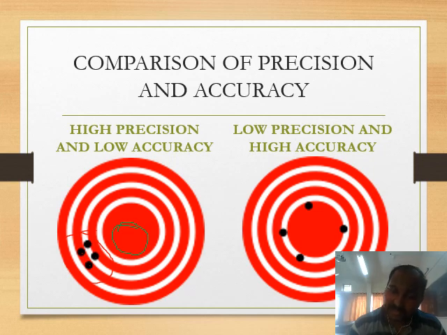Whereas here, though the four different values are scattered, with respect to the true value they are very close. The four values are scattered over the range of a measuring scale or zone, but at the same time the first value is far from the second, the second is far from the third, the third is far from the fourth, and the fourth is far from the first.